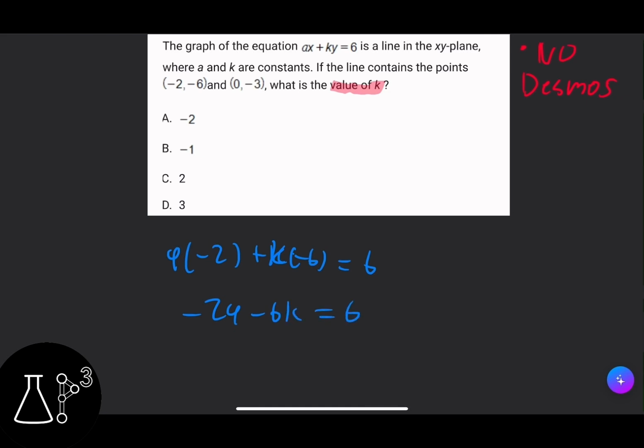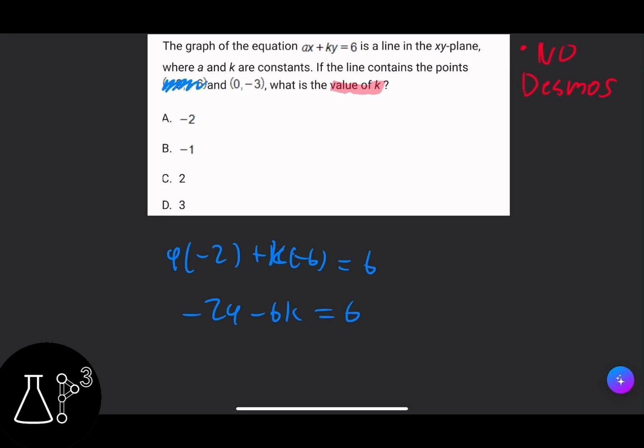Well, remember I said how we don't know the a value? It's a constant. They don't give us what a equals, and we can't figure it out either because we don't know what k equals. So because we don't know a and we don't know k, we can't figure out what k equals, even though a is a constant. So we cannot use (-2, -6) to look for the answer.